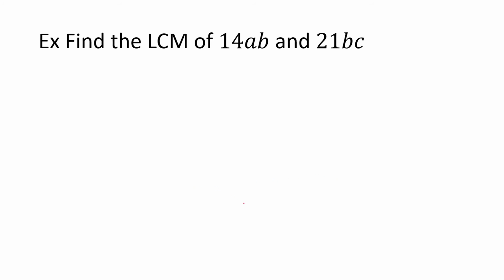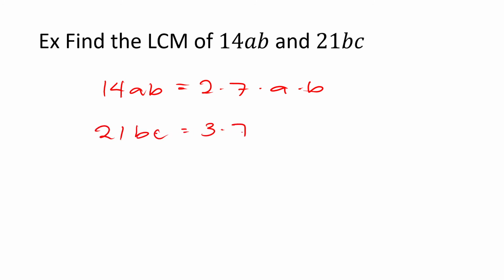Let's have another example, 14ab and 21bc. 14ab is going to be 2 times 7 times a times b, and 21bc is 3 times 7 times b times c.